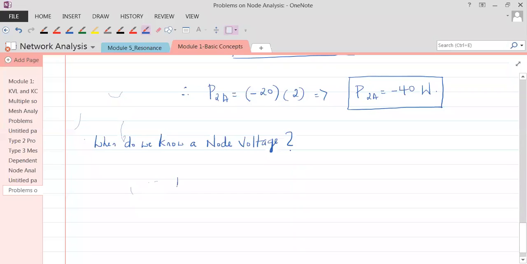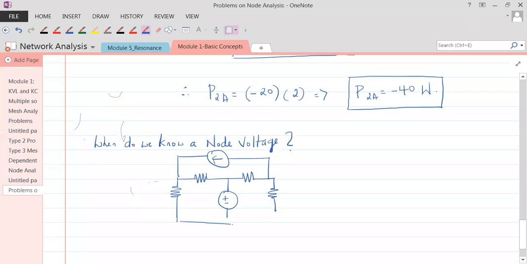Suppose, see here, you have a circuit like this. Now say there is another voltage source, or say there is a current source, not a problem, anything.